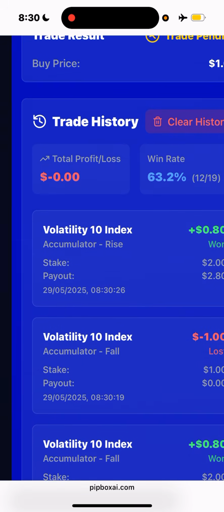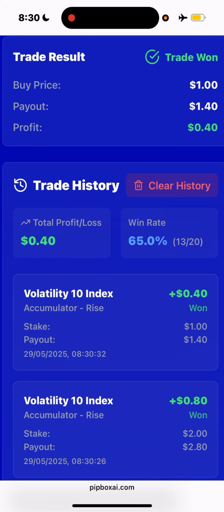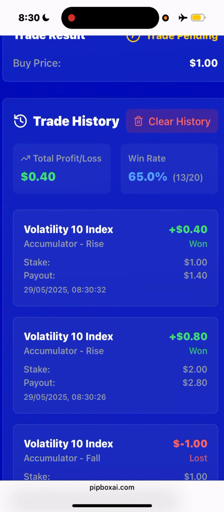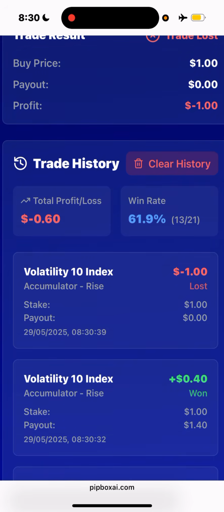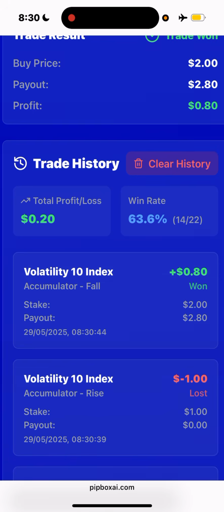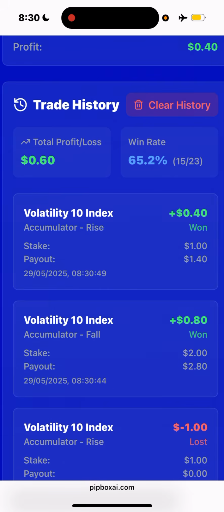But I hope we get to hit our target profit in a few. We have a total of 21 trades. We have only won 13 of those trades because we are seriously floating in profit and in loss.